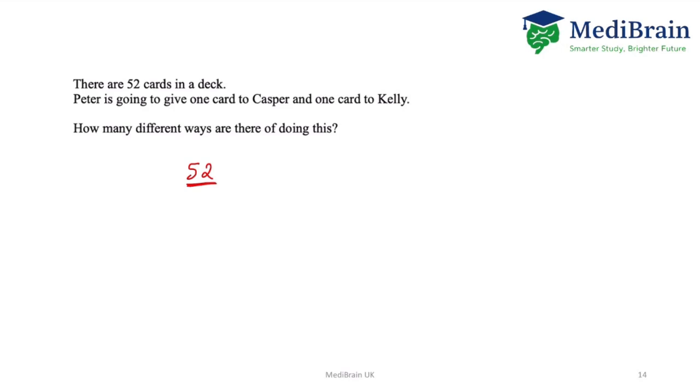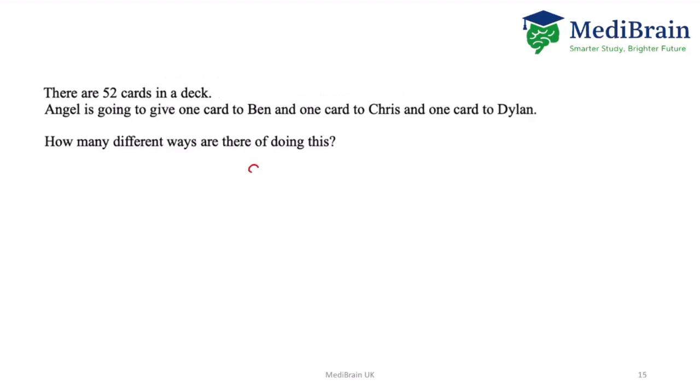Any possible card out of the 52 we can give to Casper. Now, if we've given one card to Casper, how many does Kelly have to choose from? Kelly has 51 cards left to choose from.